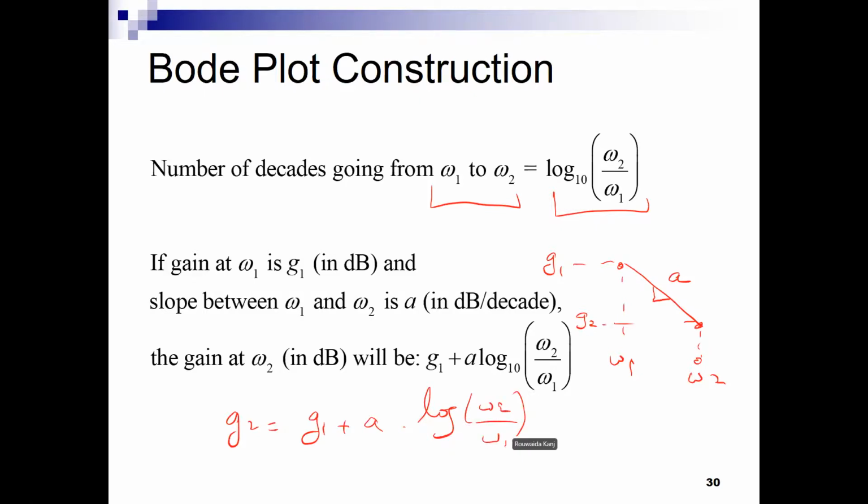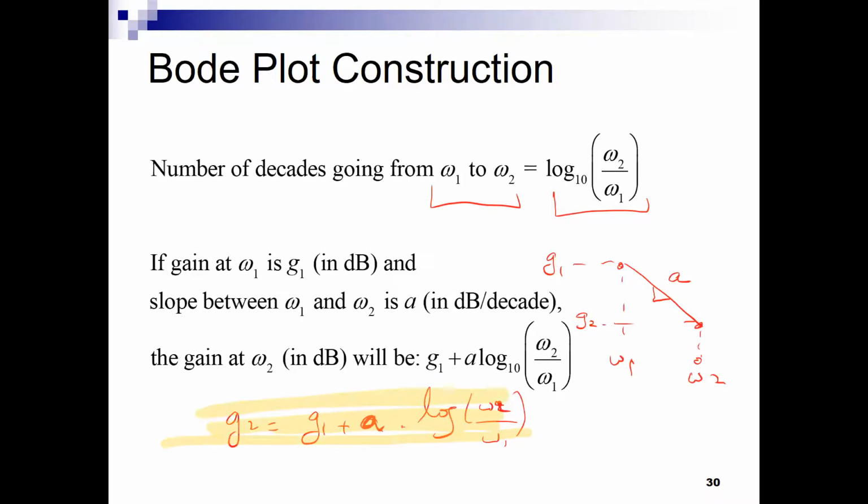So at any two points, if I have the gain at one of them and I know the slope in that zone, I can figure out the gain at my new frequency. You should remember this equation very well. This is a very important equation.